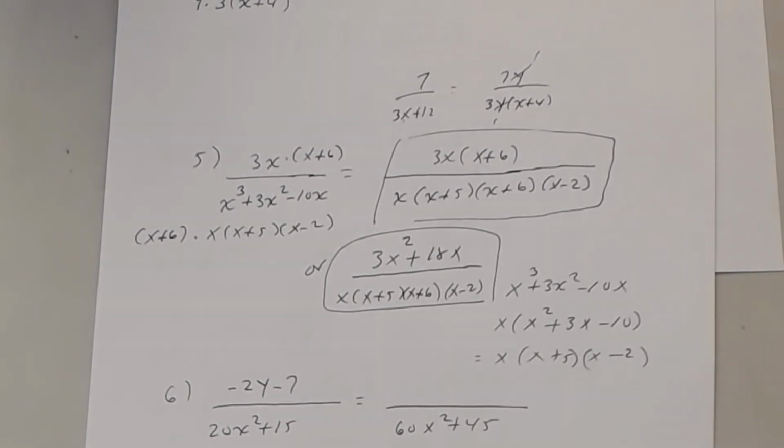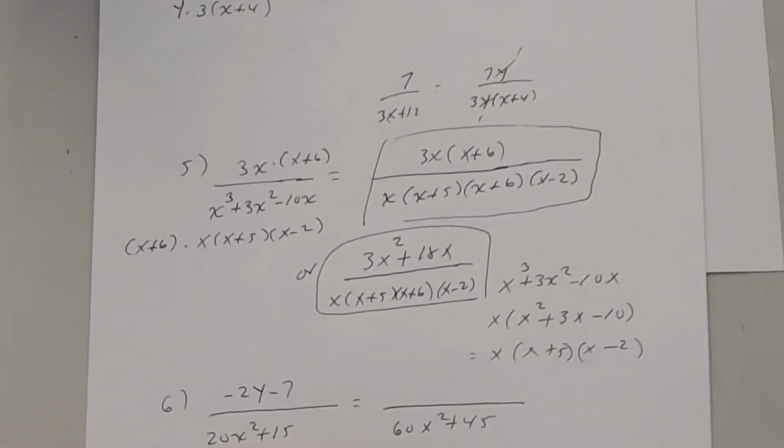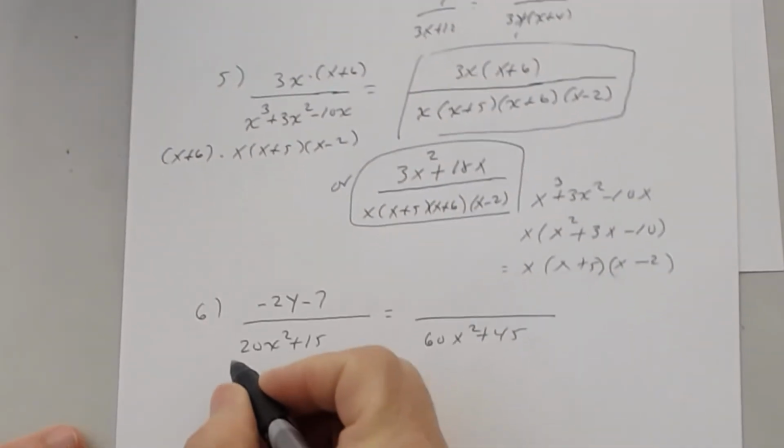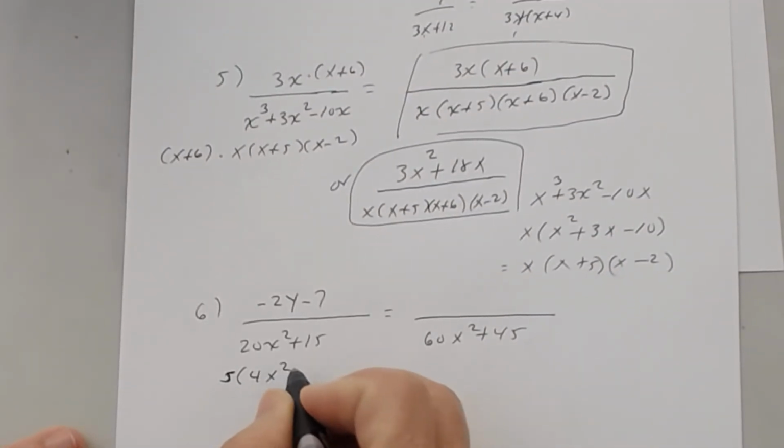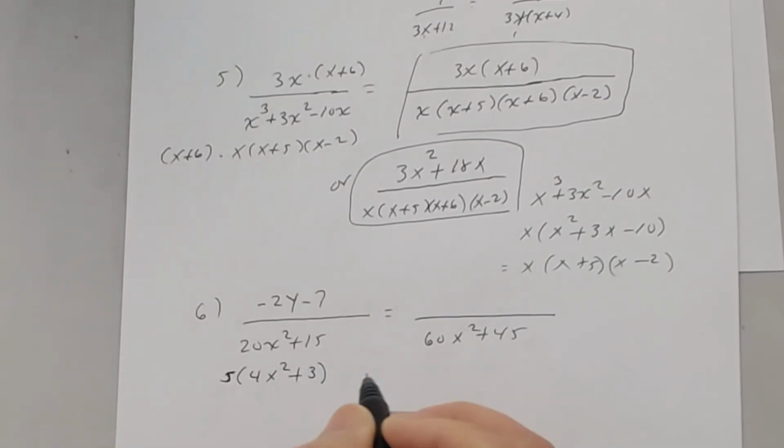Okay? All right, what's the first thing you're going to do? Factor the denominator. So how can I factor that first denominator? GCF of 5. So it'll be 5 times 4x squared plus 3.